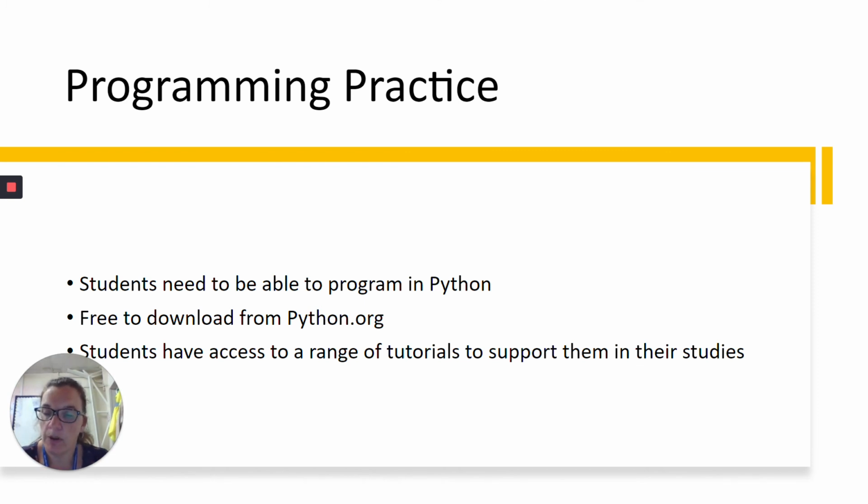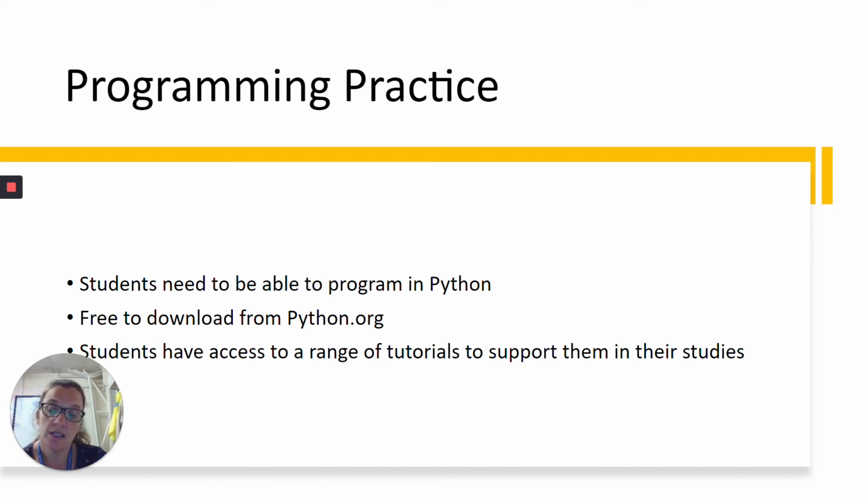Finally then, programming practice. This is an area where it's a bit more challenging. Students used to have an NEA, so they should have done coursework. We have done 20 hours of programming project with them. This is to allow them to be able to develop the skills and understand how to apply programming to situations.